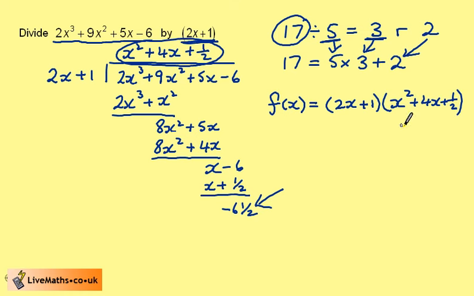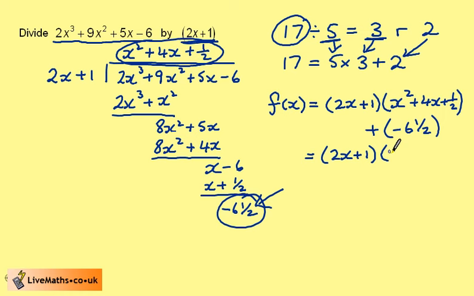And finally, we have the remainder, and tidying this expression, we get 2x plus 1 times the x squared plus 4x plus a half, take away 6.5.